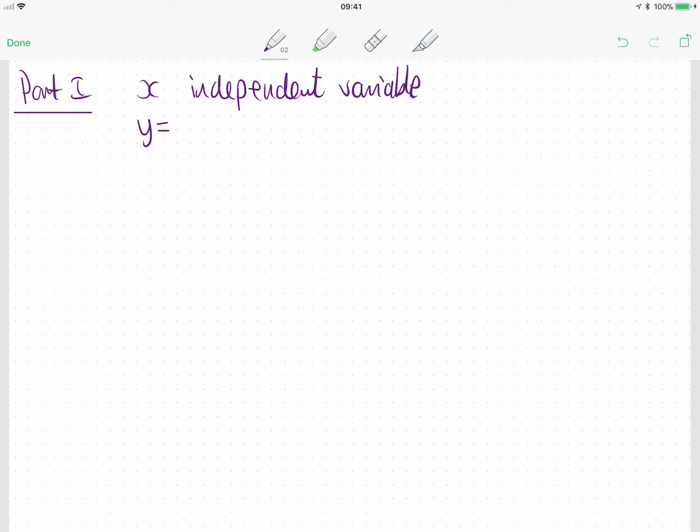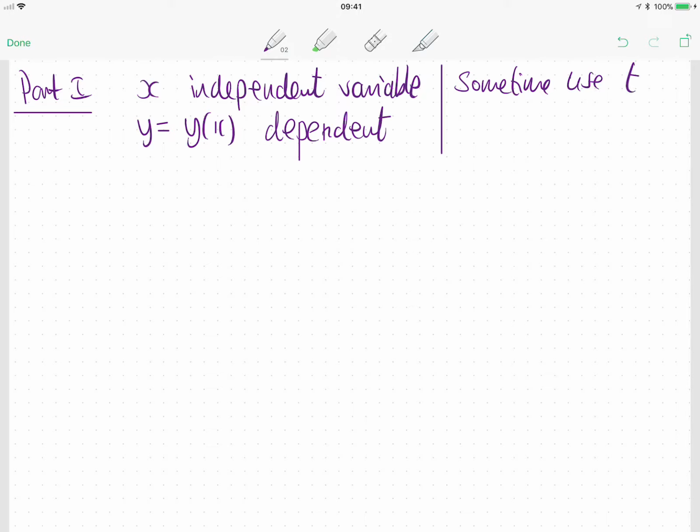and a function y, which depends on x. So y is a dependent variable, which changes according to x. Just want to say at this point, sometimes we're going to use t and x of t.